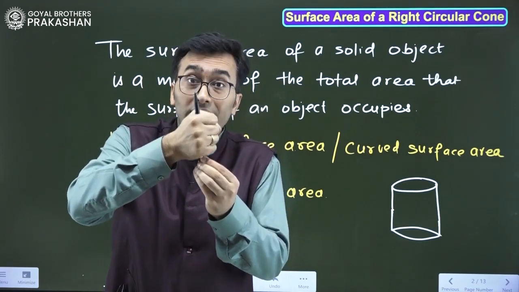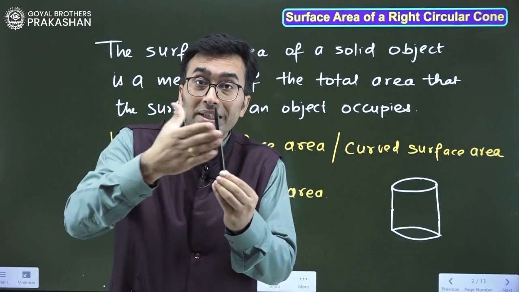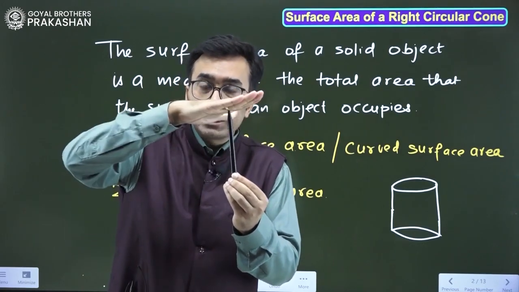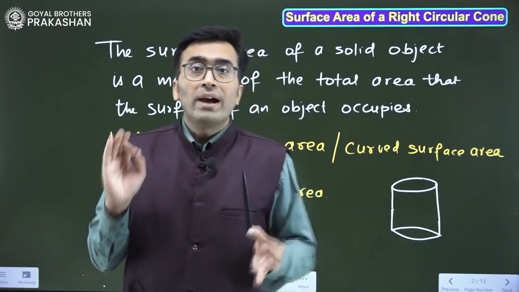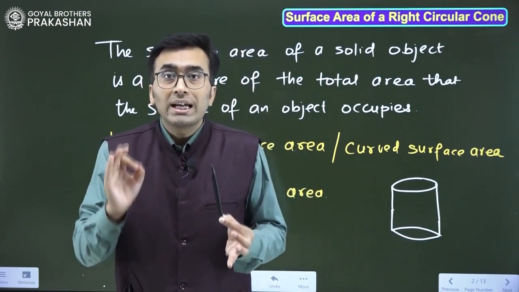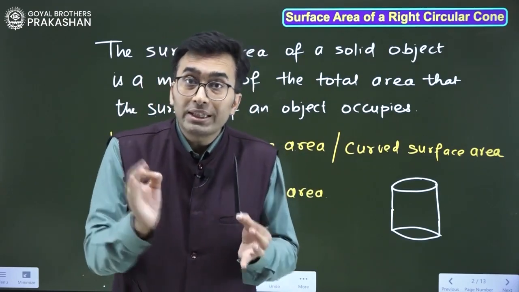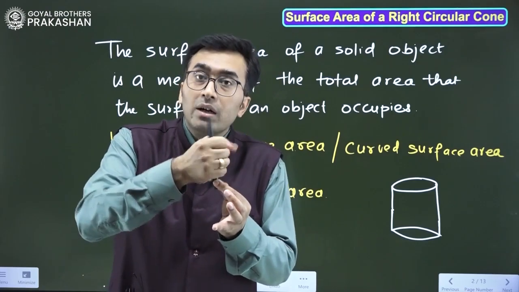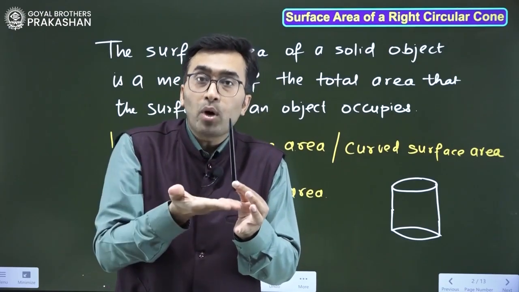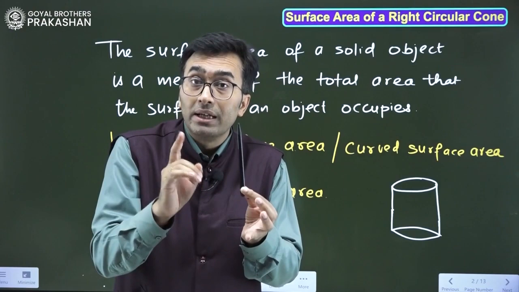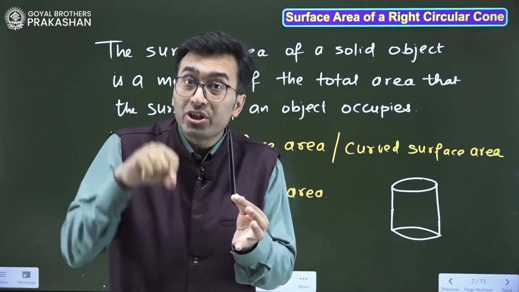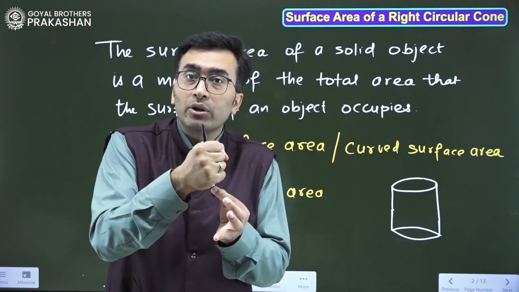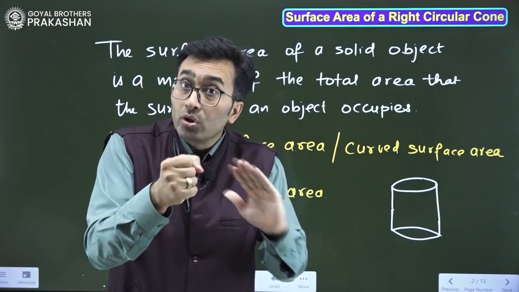And if we are talking about the total, it means the curved plus the top and the bottom, everything you have to include. But if we are talking about only curved or lateral, that means this one only. Top and bottom is not included.